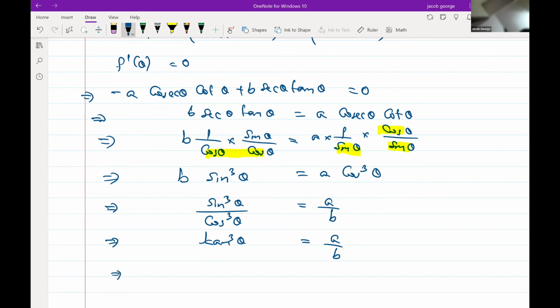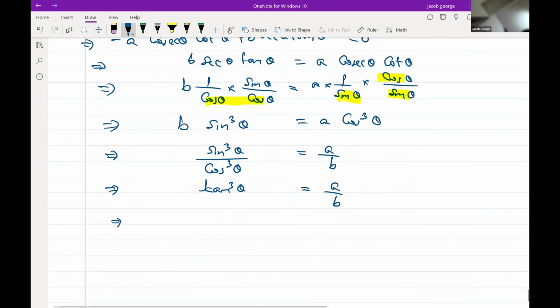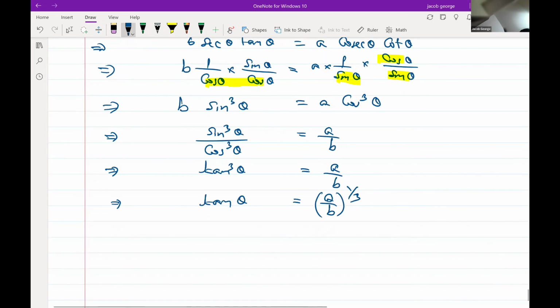So we have to reach till theta. What is tan theta from here? Cube root of A by B, which can be written as A by B the whole raised to 1 by 3.